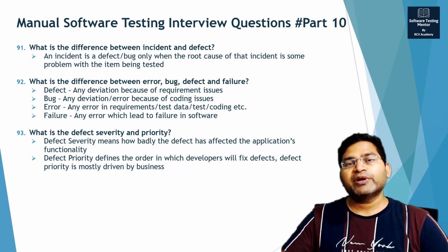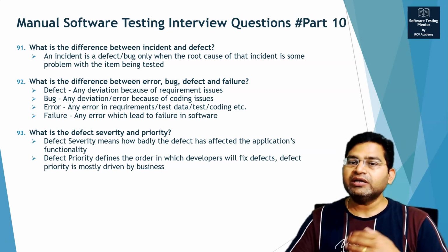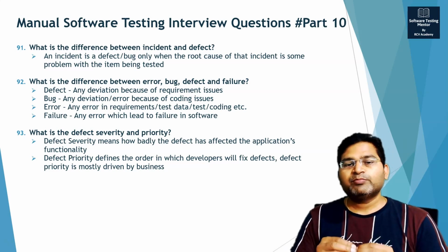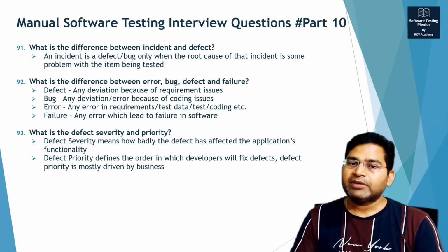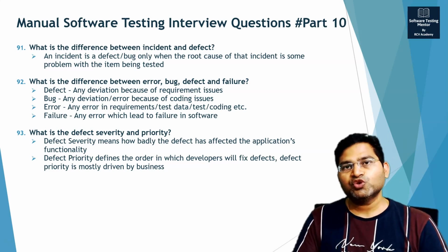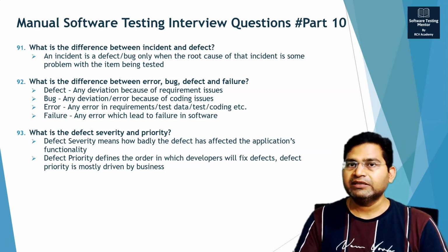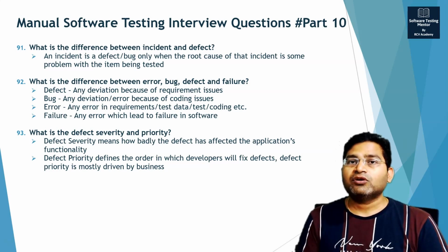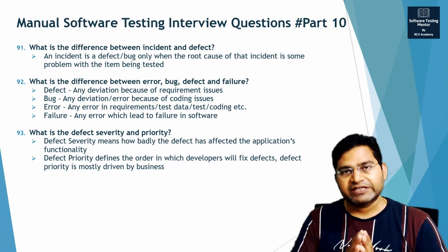Defect priority defines the order in which developers will fix the defect. Defect priority is mostly driven by the business, and severity is mostly defined by the testers or the person analyzing the impact of that defect on the functionality.